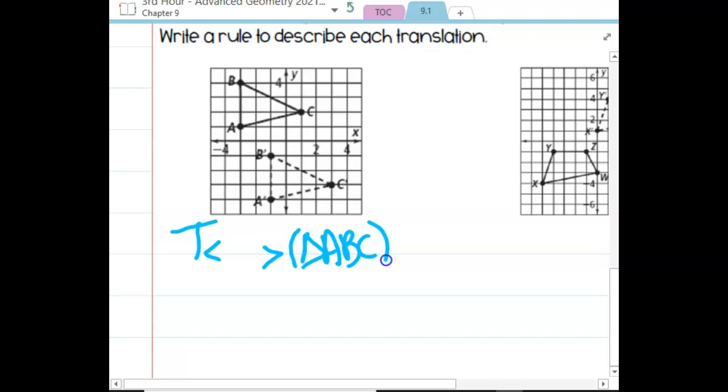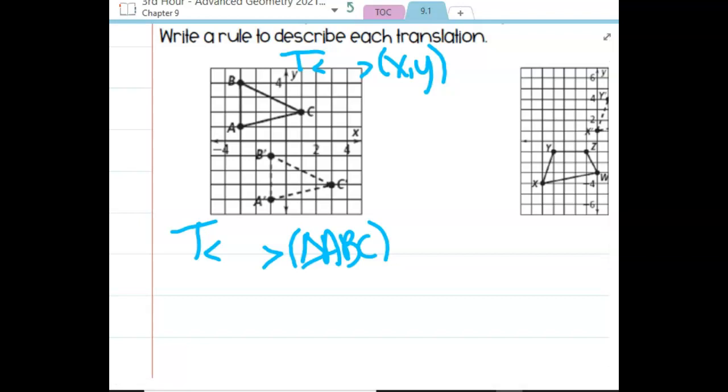When you get to your homework, it's not going to be labeled A, B, and C. It's just going to be a triangle. So what you'll need to change is you're going to say translate. You're going to have your rule. And you're just going to say x, comma, y, which just means you're going to translate according to this rule every x and every y this way. So if it doesn't have labels, you'll just do this.